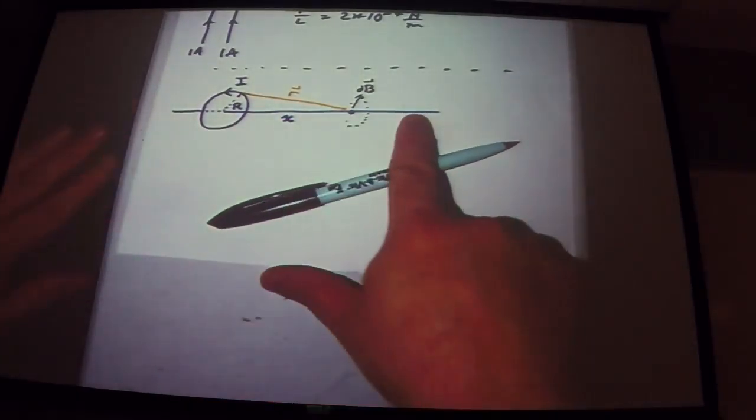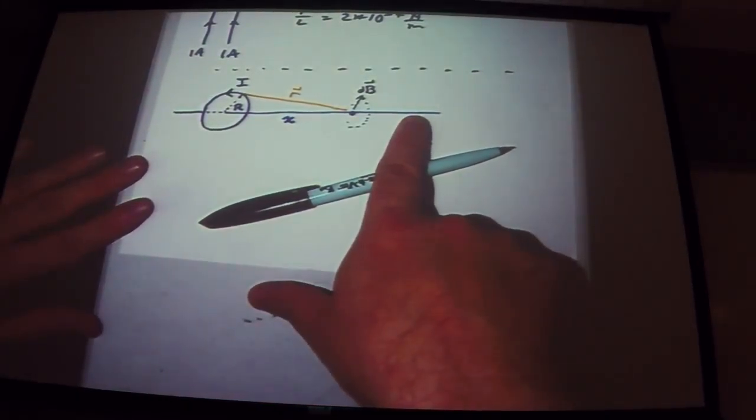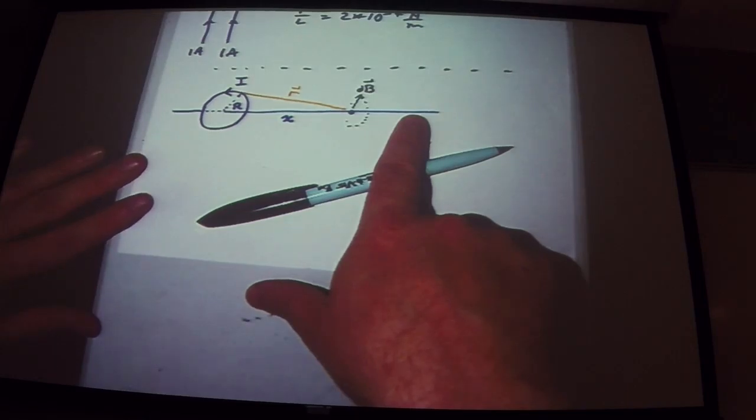This one's going to cancel this way, that one's going to cancel that way, etc. But all of the ones pointing away from the loop are all going to add. The ones pointing in the plane of the loop are going to cancel. So you only end up with the total component along the axis itself.